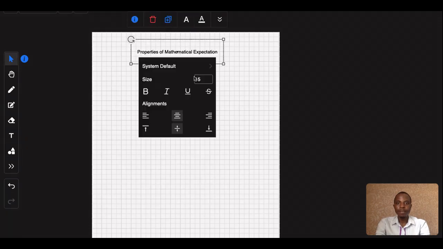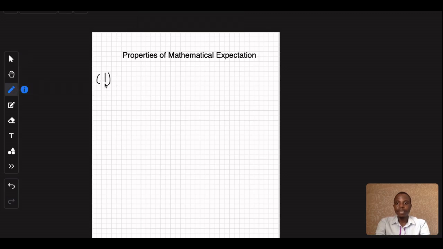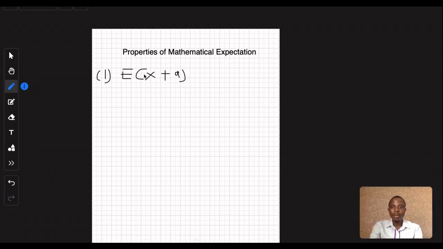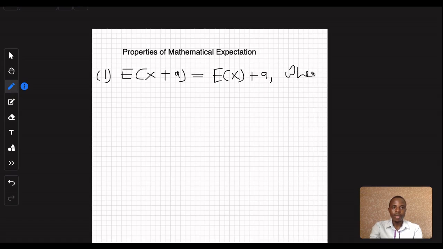The first property is that the expectation of x plus a will be equal to the expectation of X, capital letter, plus a itself, where a is a constant.